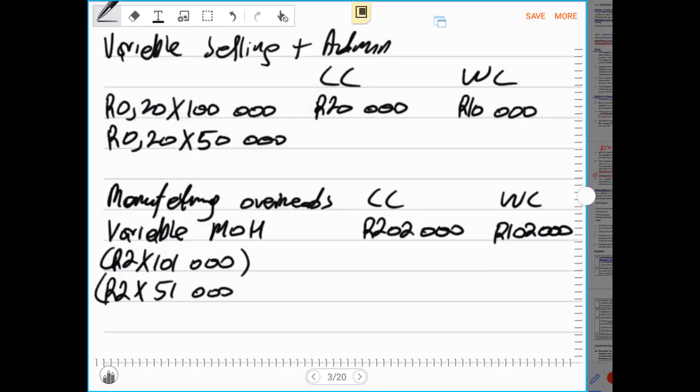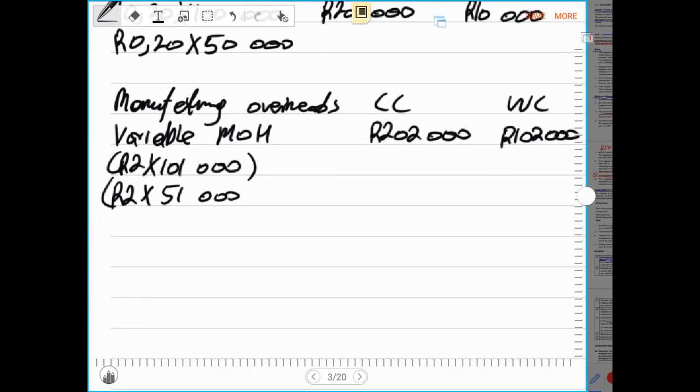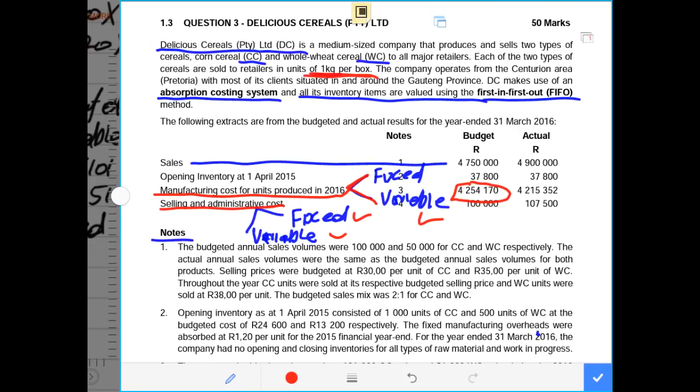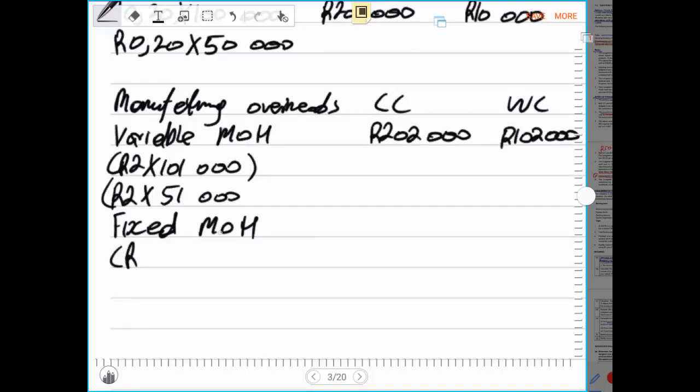So now after I'm done with that, I can calculate my fixed overheads. My fixed manufacturing overheads, which is for the two products, will be calculated by taking the total of the overheads that are given to us, which is 4,254,170, minus the variable part, which is 202,000.